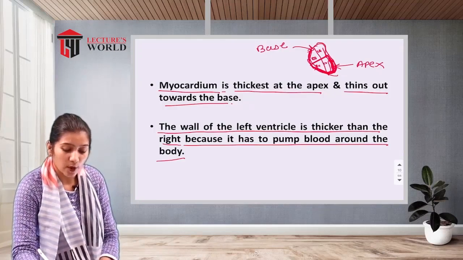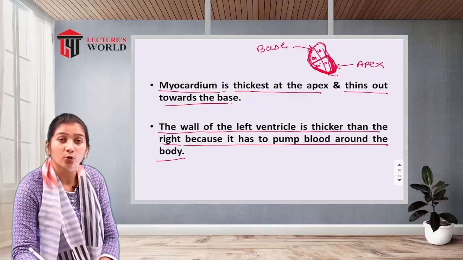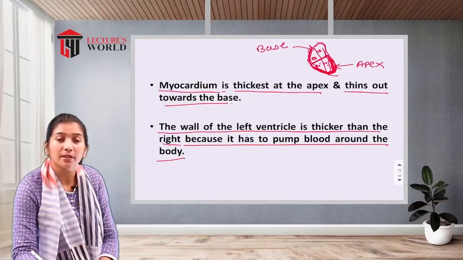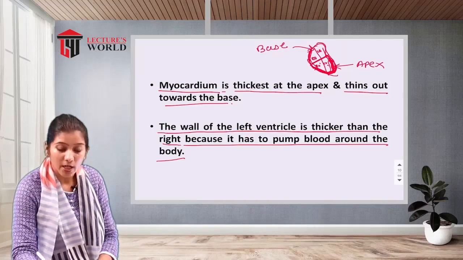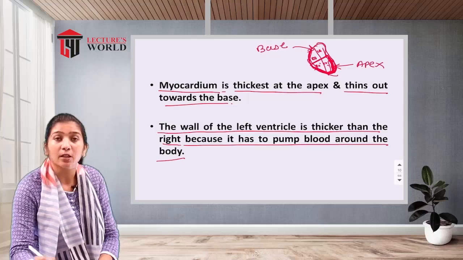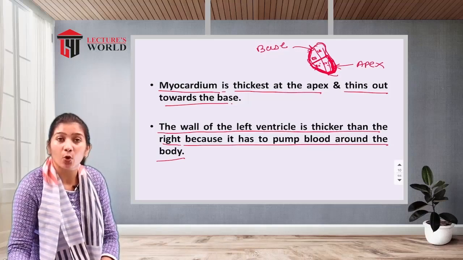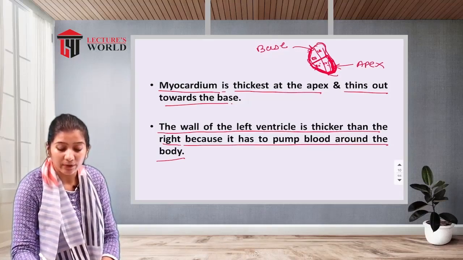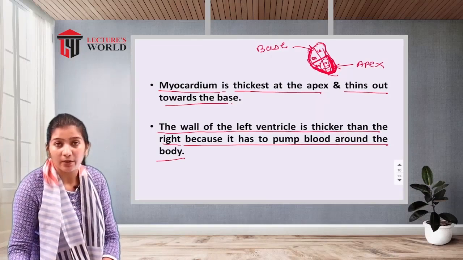From the right side the blood goes to the lungs, and from the left ventricle the blood is passed all over the body.